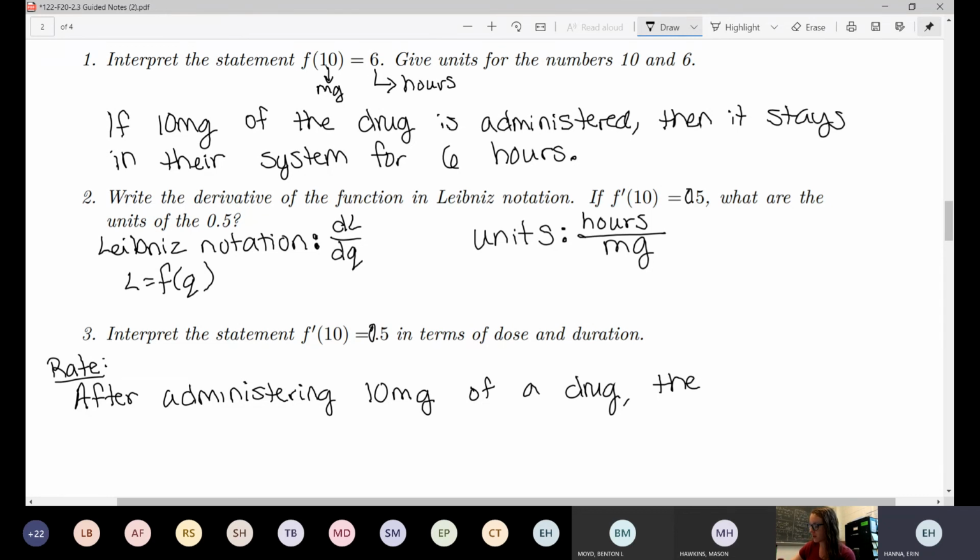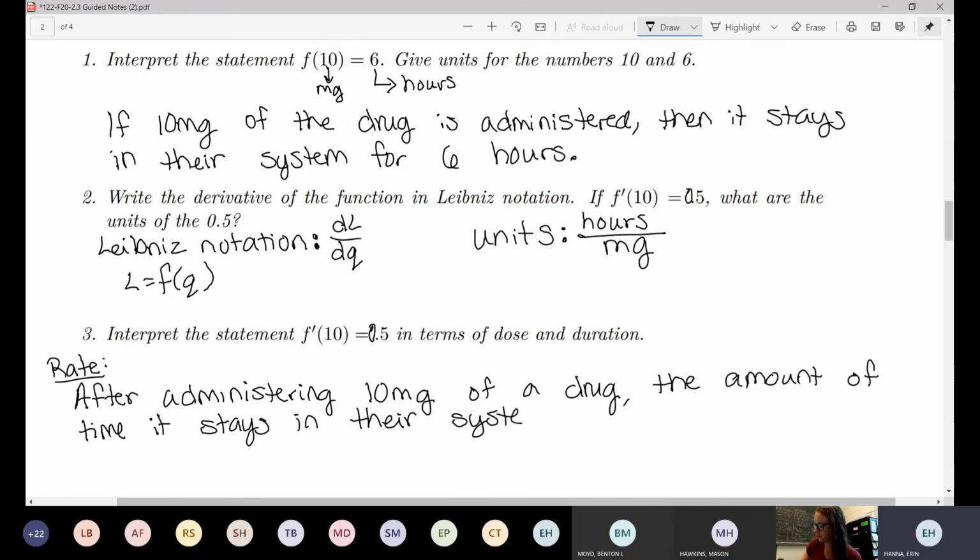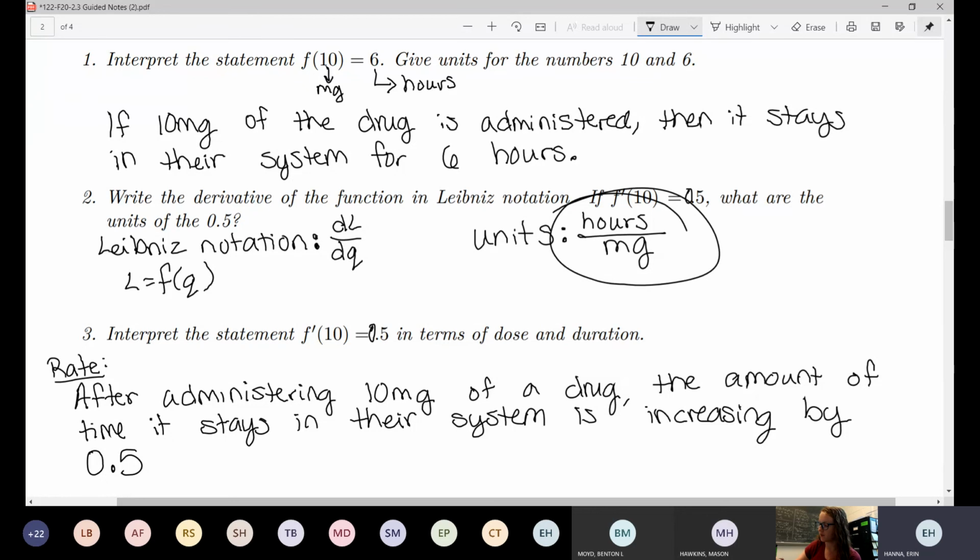So after administering 10 milligrams of the drug, the amount of time it stays in their system is increasing, since the derivative value is positive, by 0.5, and the units of the derivative are hours per milligram, so 0.5 hours per milligram.